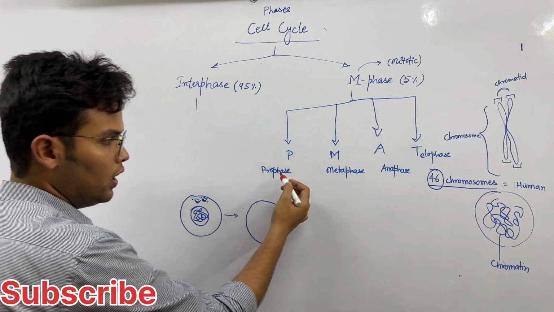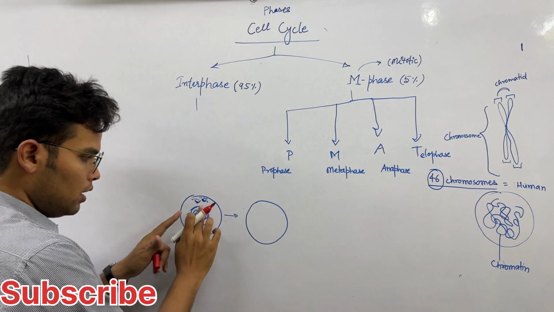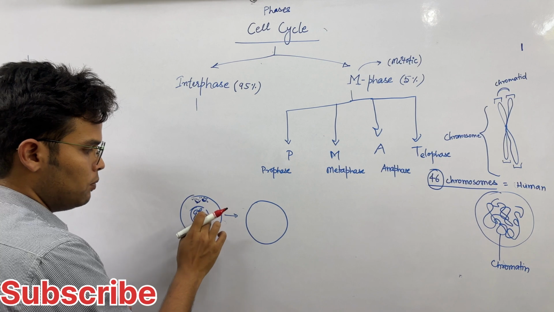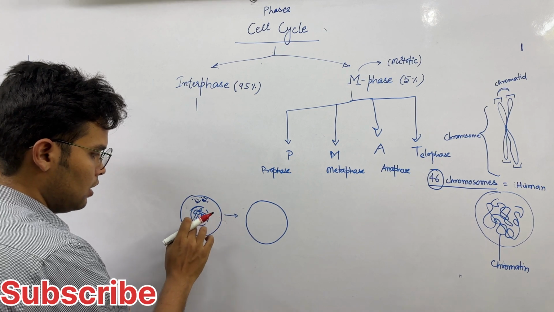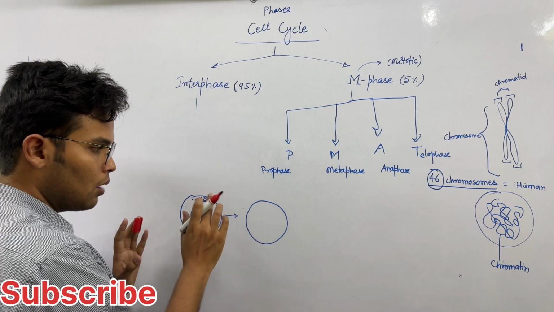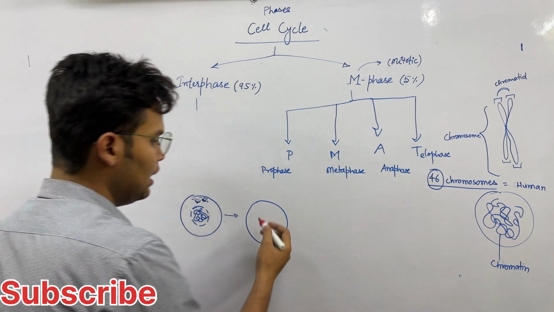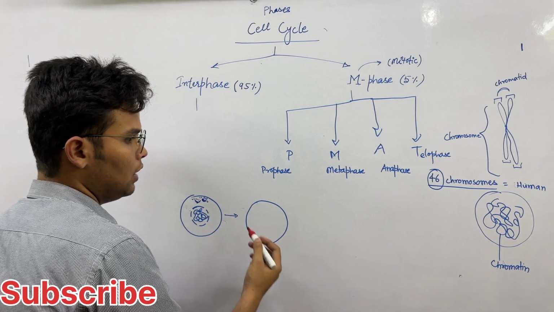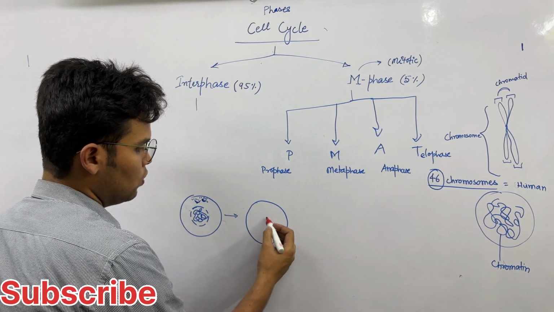Now in prophase we can easily understand that the nuclear envelope will rupture like this, leading to disruption of the nuclear membrane and an increase in condensed chromosomes.